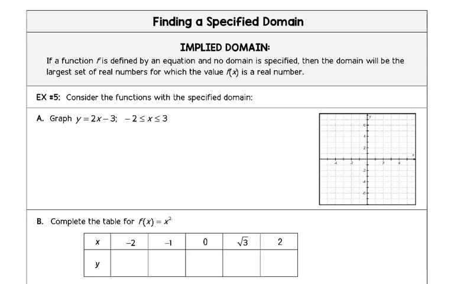So basically, if I'm not told explicitly up front what my x values are, then I can just assume that it's going to be the largest possible set of x values that give me a y value. That's the implied domain.